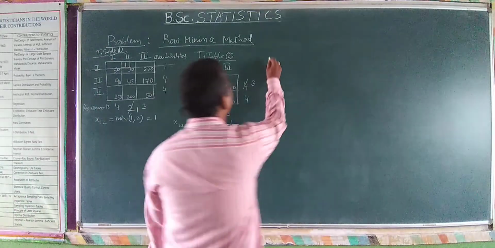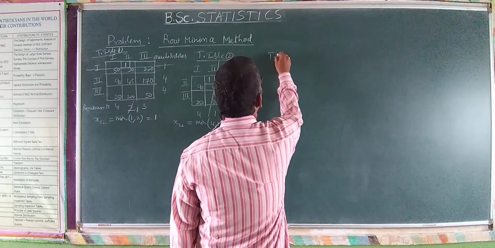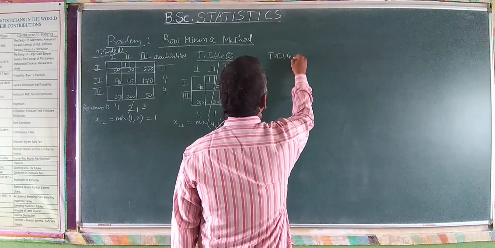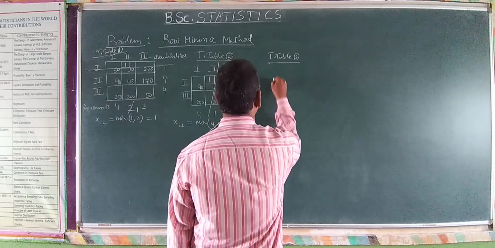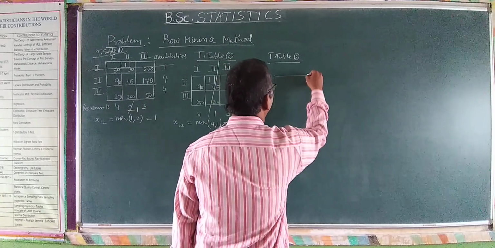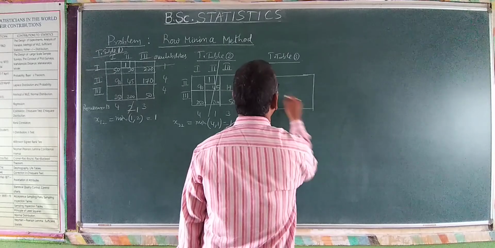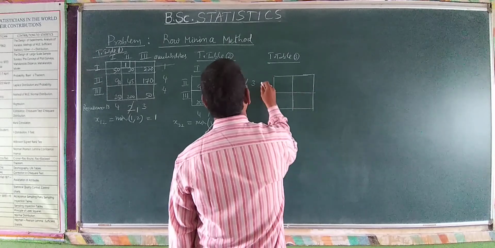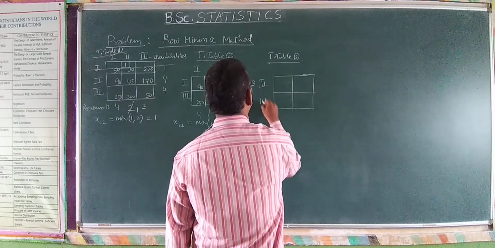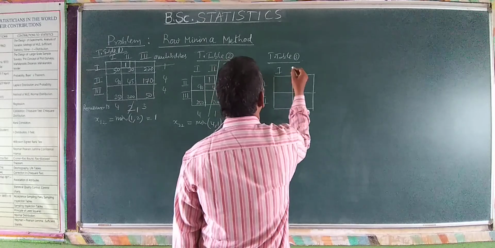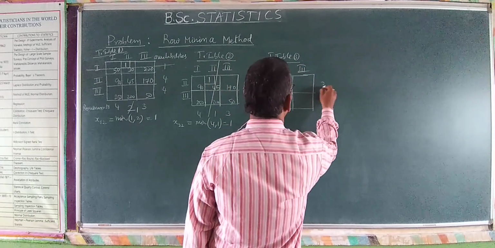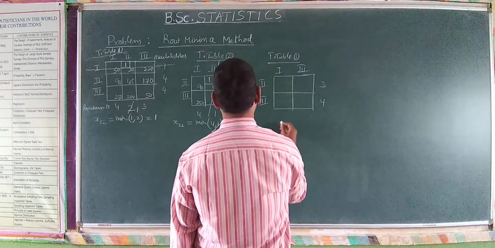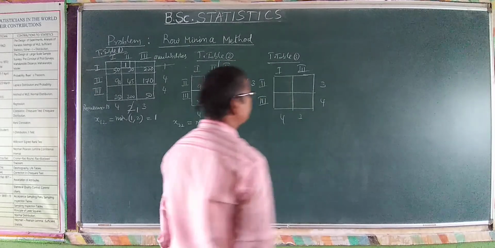Now consider transportation table 3 with the remaining origins and destinations. Here there are 2 origins and 2 destinations: the second and third origins, and the first and third destinations. The availabilities are 3 and 4 and the requirements are 4 and 3.